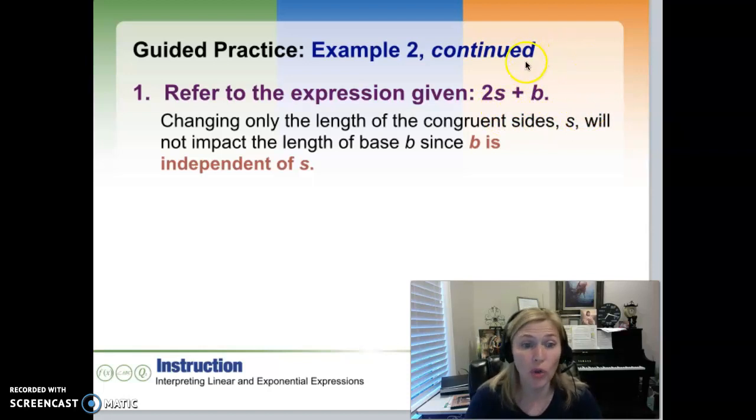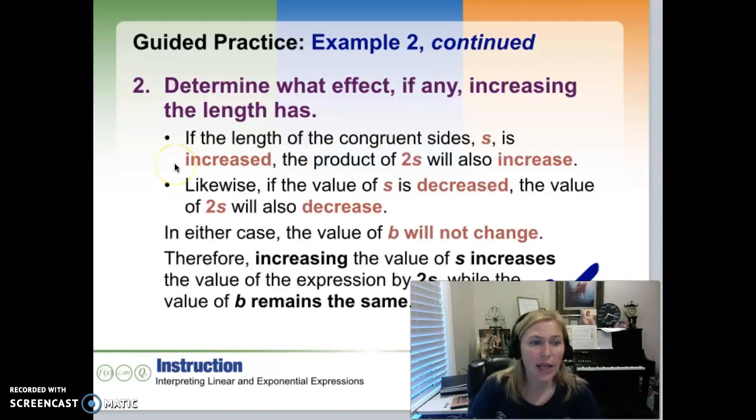The total will change, but not this. So what do I want you to write in the book? I want you to write this: b is independent of s. Okay? All right.